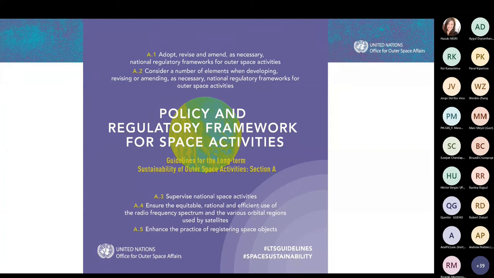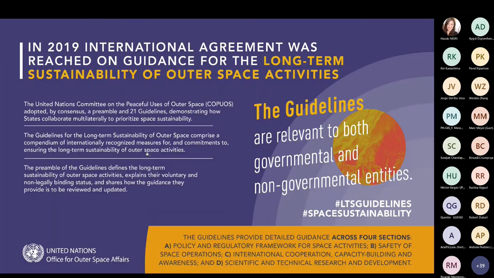There's also guidance on registering space objects. So for those who might not already know, UNOOSA maintains a register of objects launched into outer space. And this register isn't meant for real-time tracking of space objects, but it's a political tool and it promotes transparency and confidence building amongst states.